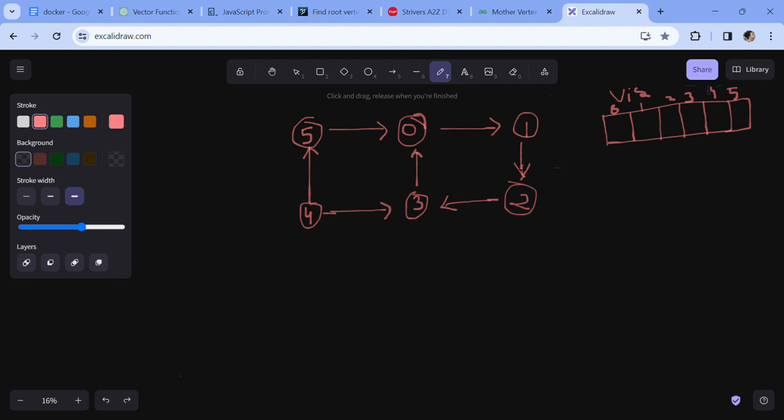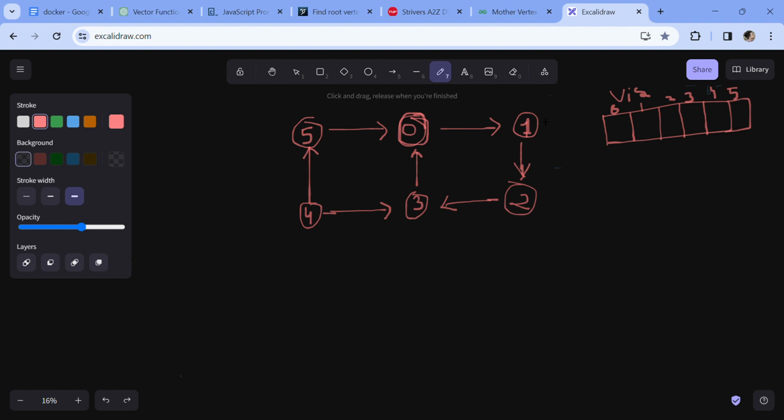If I make a DFS call from node 0, I will explore the neighbors of 0. From 0 I can go only to node 1.